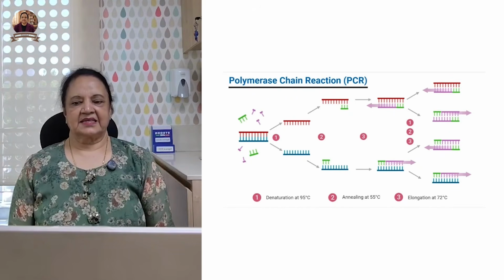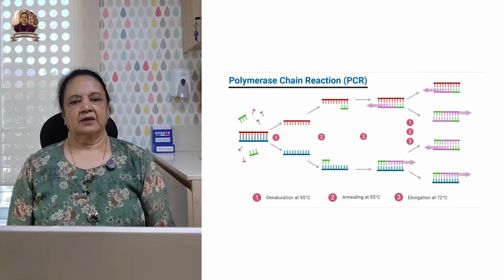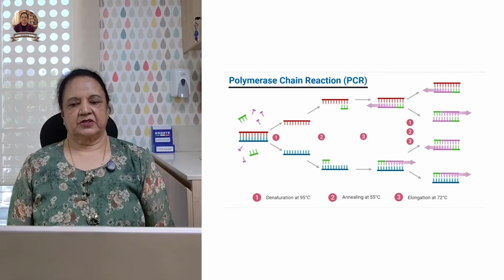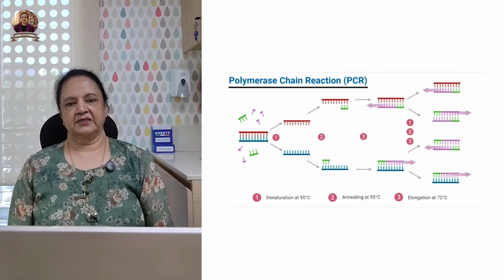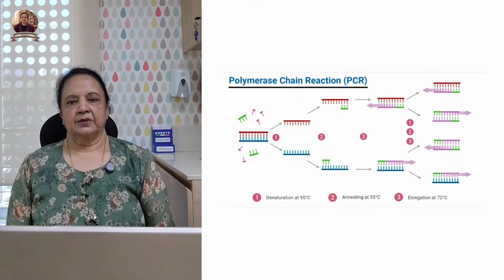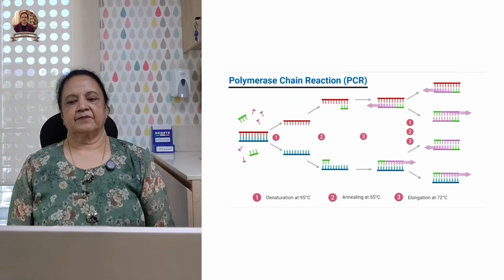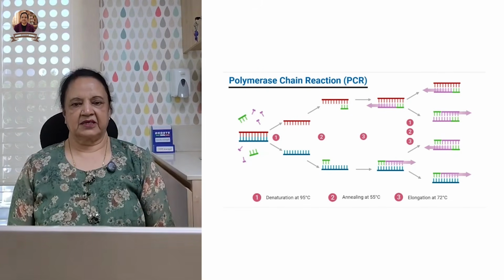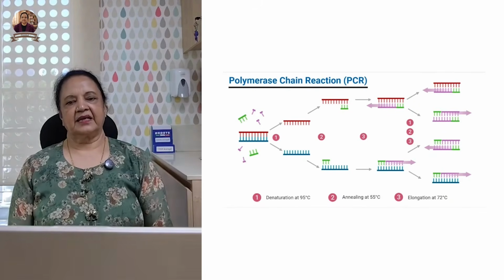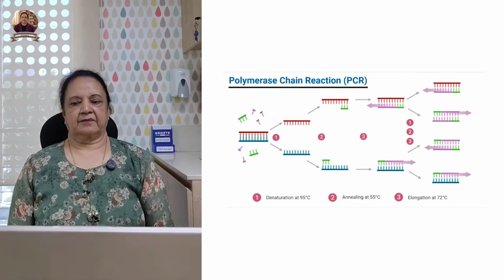The three main steps in each cycle of PCR are: number one, denaturation. The reaction mixture is heated to a high temperature, around 94 to 98 degrees Celsius. This breaks the hydrogen bonds between the two strands of the DNA template, separating them into single strands.